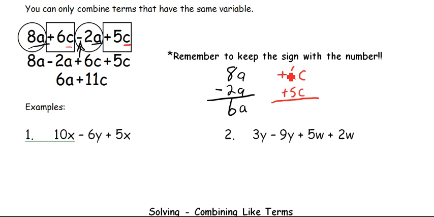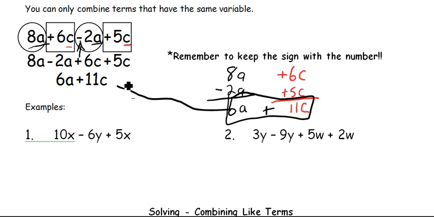Now on this one, we'll just call that a positive 6c plus 5c. Once again, don't look at the variables, just bring it down. And 6 plus 5 is 11. So our end result is 6a plus 11c. And if you'll see, that is how this one works right there.